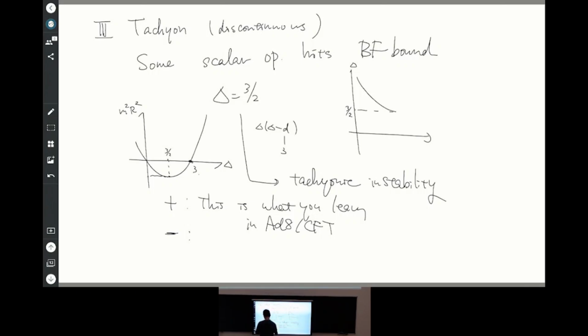So yeah, the question mark for interacting theory. This is purely a linear analysis, and the instability comes from the linear analysis.